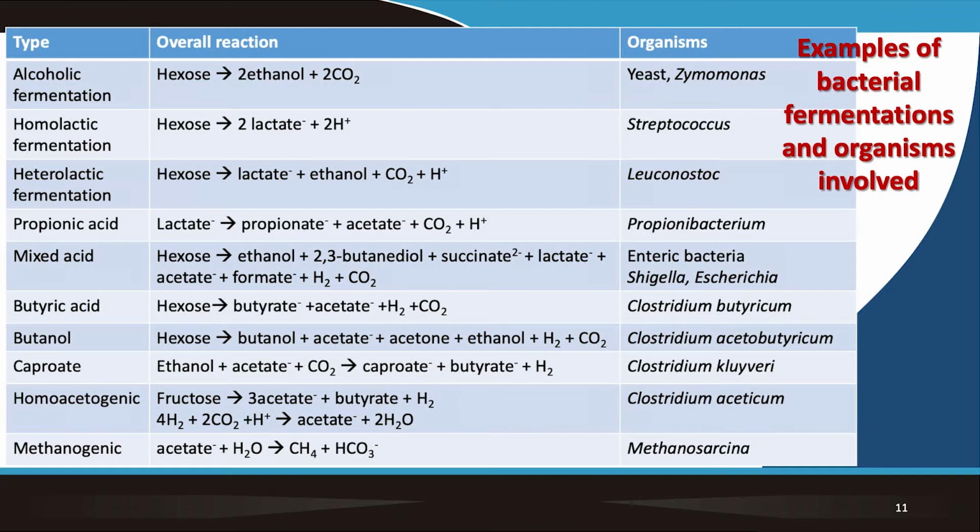Then you have propionic acid, lactate to propionate, acetate and carbon dioxide. Butyric acid, hexose goes to butyrate, acetate, hydrogen, and so on. And you can see the number of organisms or bacterial species that are capable of fermenting these substrates.